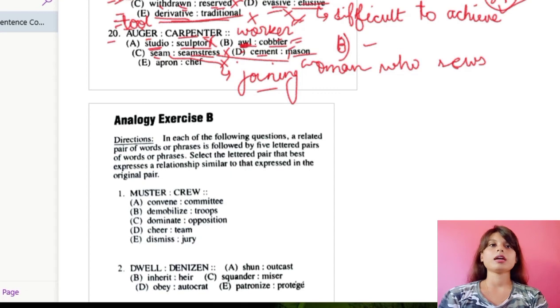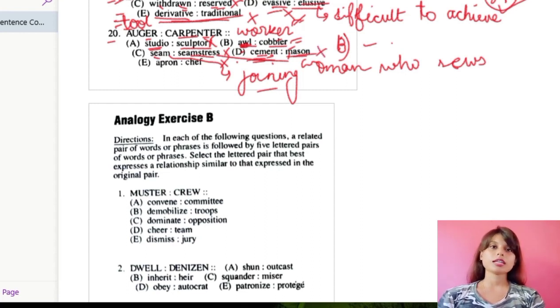Mason refers to the laborers who are working in the construction industry with cement and all. So it cannot be considered, because cement is not a tool. It's a thing that the masons use, but it's not a tool or an instrument. So we cannot consider this one also. So I'm striking it out.